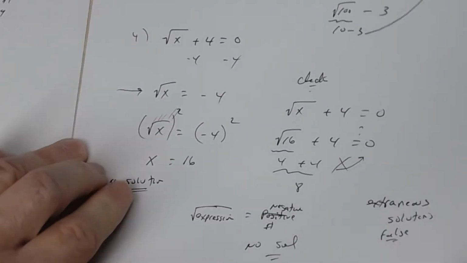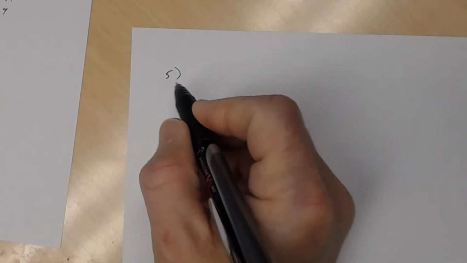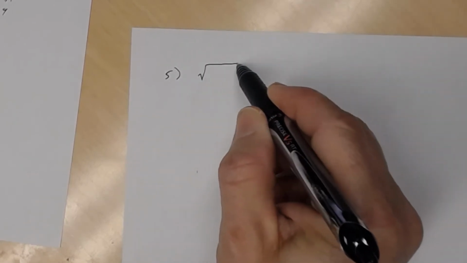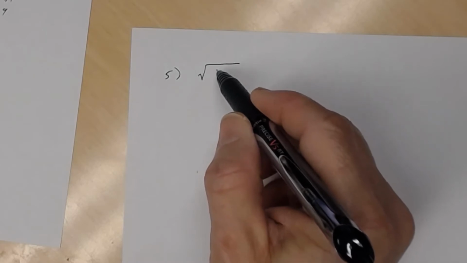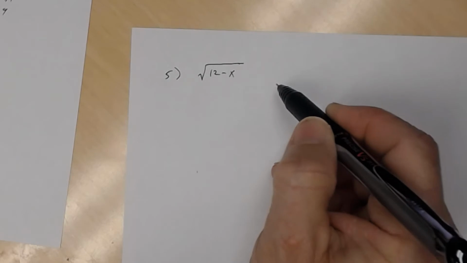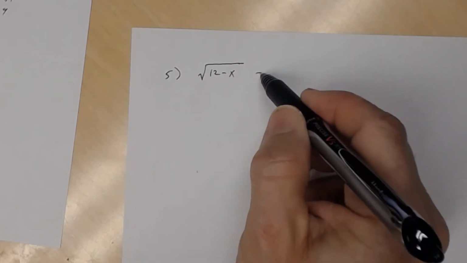All right, now number 5. Suppose we had the square root of 12 minus x equal x.